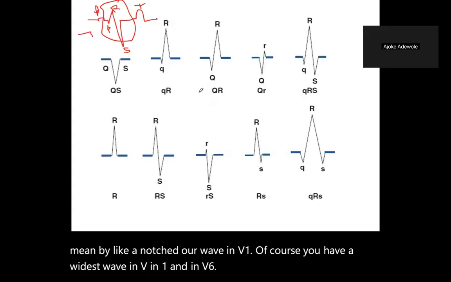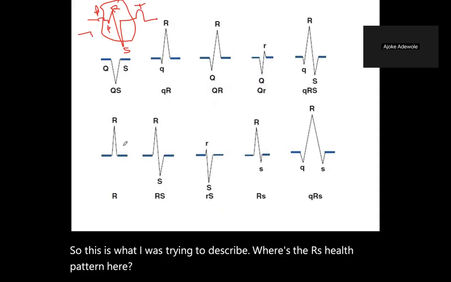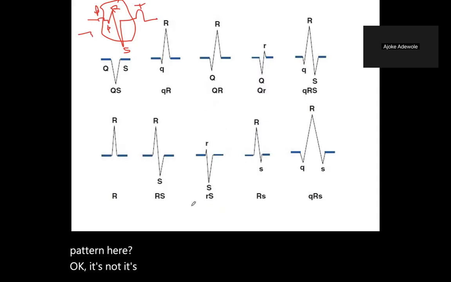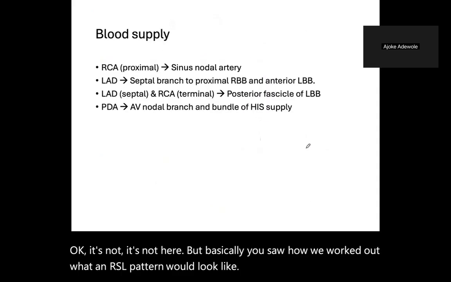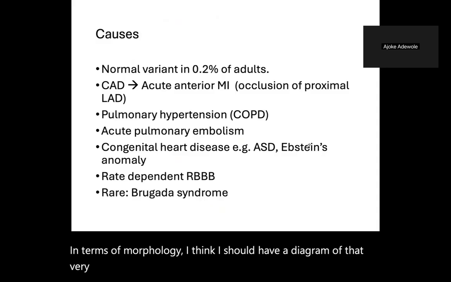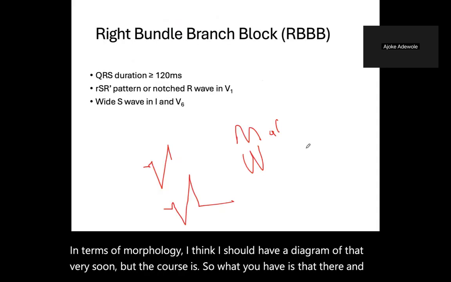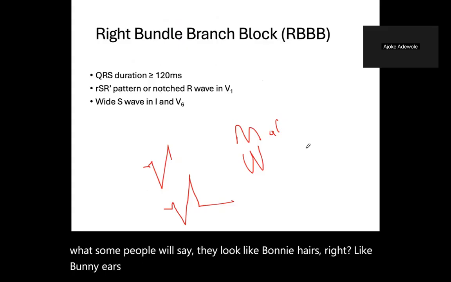So this is what I was trying to describe. Where's the RSR pattern here? Okay, it's not here, but basically you saw how we worked out what an RSR pattern would look like in terms of morphology. I think I should have a diagram of that very soon. What some people will say is that it looks like bunny ears, right? Like bunny ears, and a wide S wave in leads 1 and V6 because the S wave is so wide.